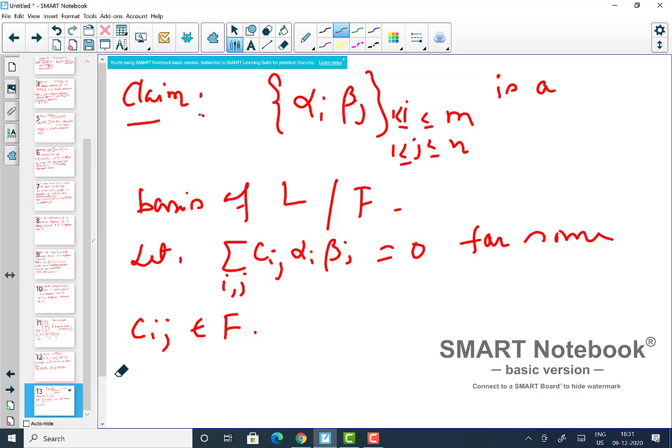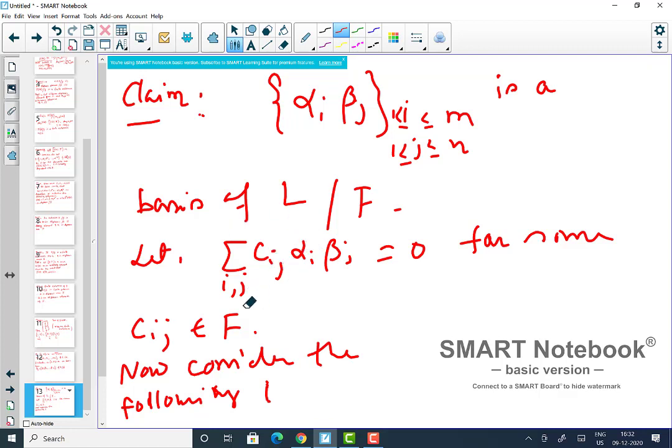Okay, so now consider the following identities or equation, whatever. So I'm writing this Cij alpha i.